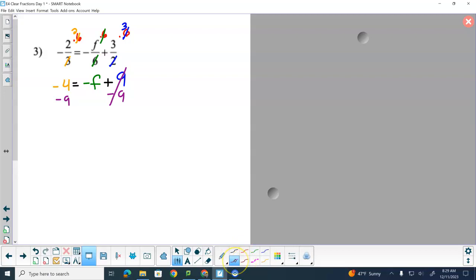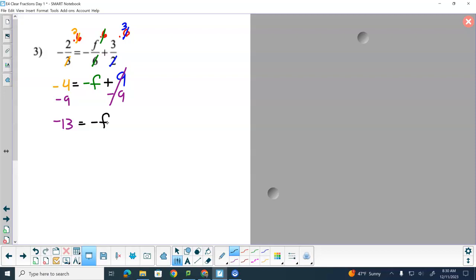Now, one thing that I was noticing the other day was people were giving me this as their final answer. What's wrong with this? Well, not so much that f can't be a negative, but f is not all by itself. Same level. f is not all by itself. Yep.